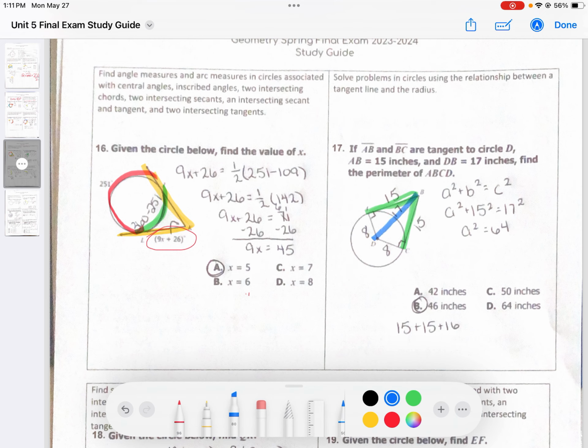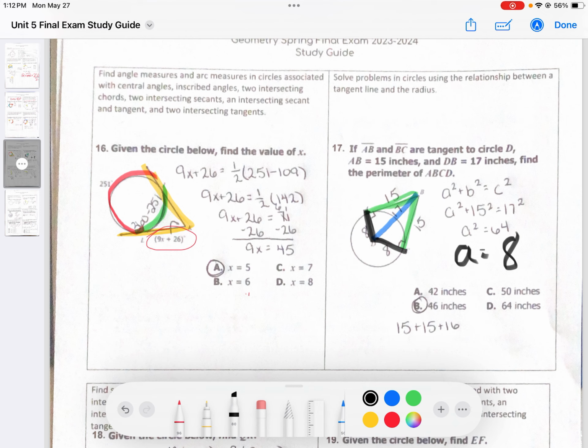What you also know about tangent lines is that a tangent line meets the circle at a 90-degree angle. The tangent line and the radius meet at a 90-degree angle. So I use the Pythagorean theorem to figure out the radius, which is 8.